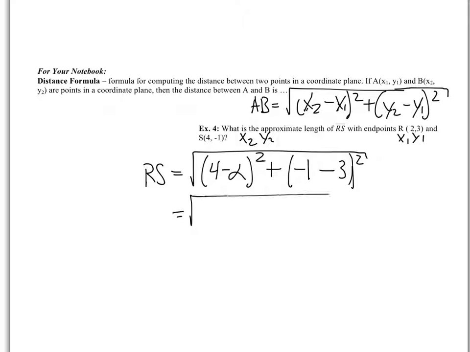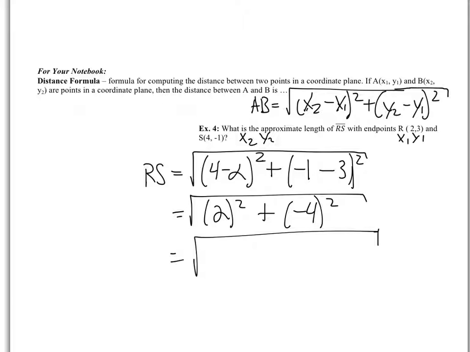So we have this equals the square root of 4 minus 2, which is 2 squared, plus negative 1, basically plus a negative 3, which is negative 4 squared. So this equals the square root. 2 squared is 4, so 2 times 2 is 4, plus negative 4 squared, that's negative 4 times negative 4, which is 16. So this equals the square root of 20.